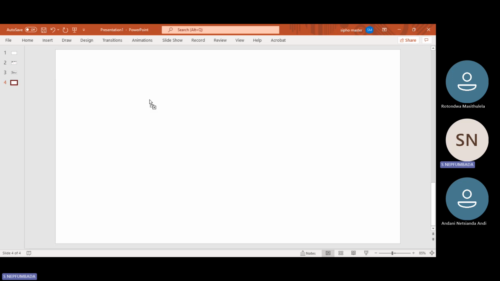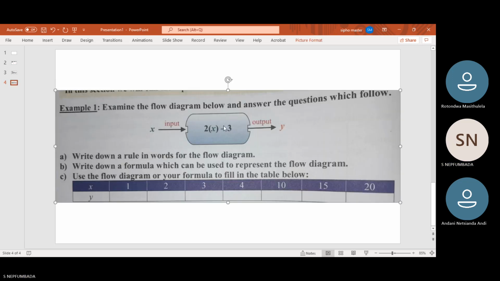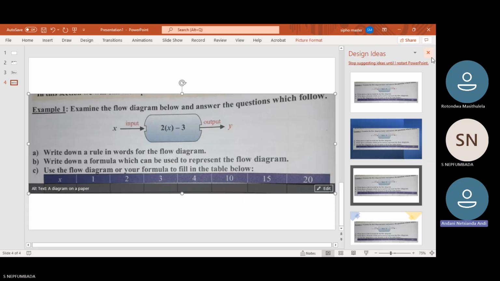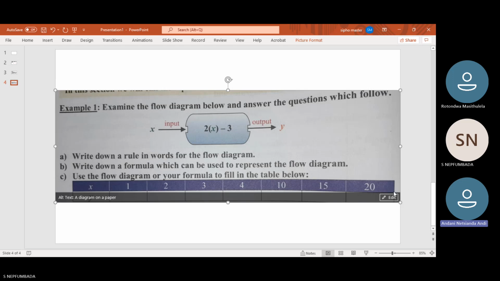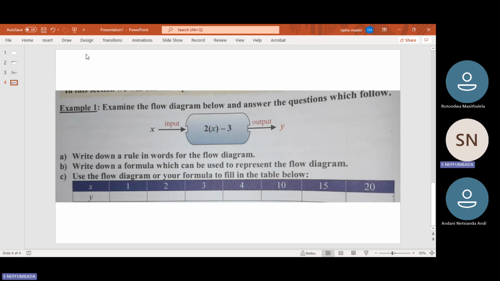Can you see the question now? So here is the question.